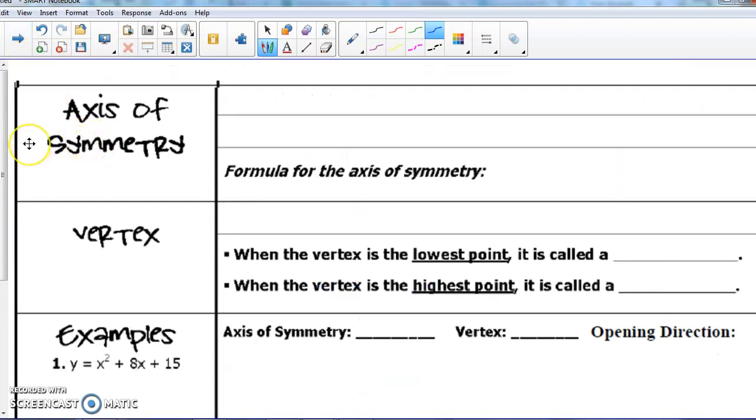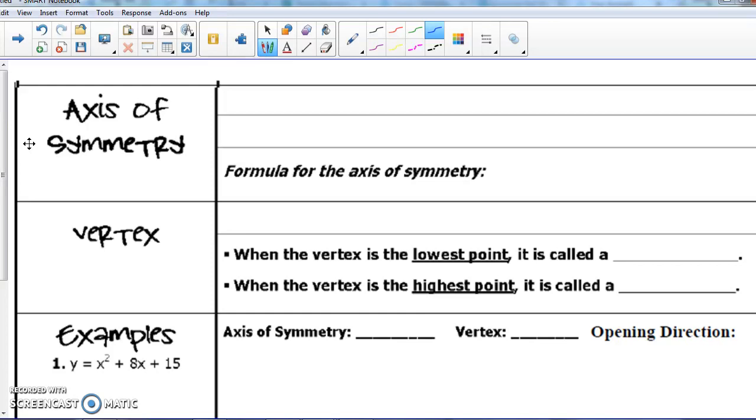Now, the other thing that parabolas have, which I think we talked about but is worth mentioning again, is what's called an axis of symmetry. You have an axis of symmetry straight down the middle of you, just like parabolas do. An axis of symmetry is an imaginary line that's going to cut our parabola into two equal parts.